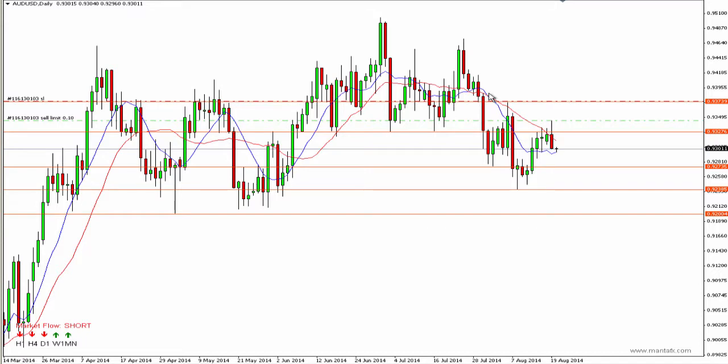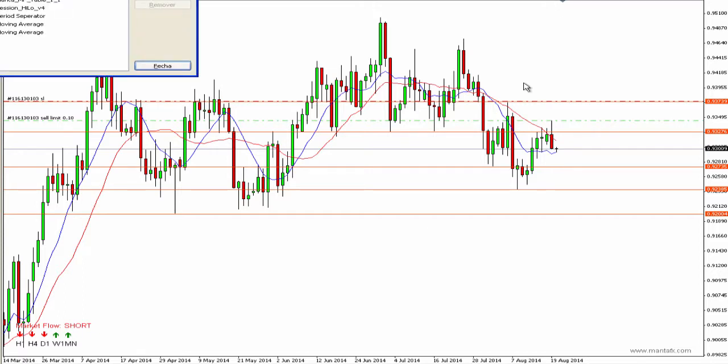Yesterday, we had a touch on the 18 period exponential moving average, the 18 EMA, just confirming the market flow down. I always think it's a good idea to show the moving averages. So let's get them off the chart, and we'll move on.